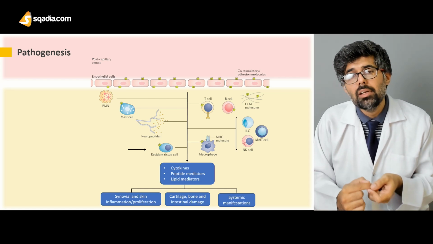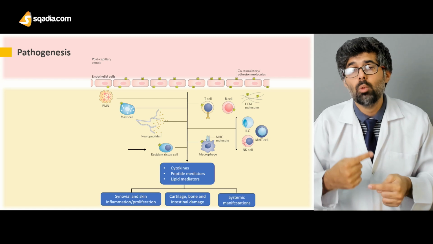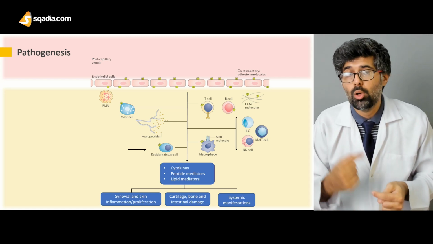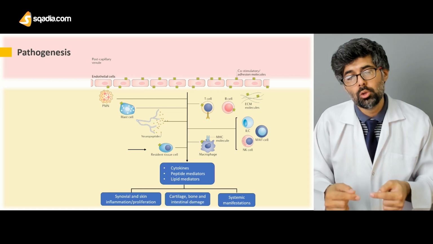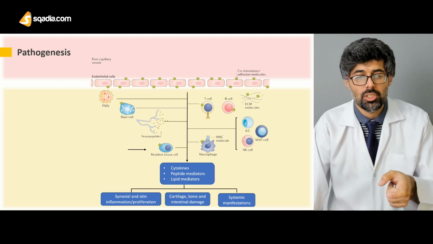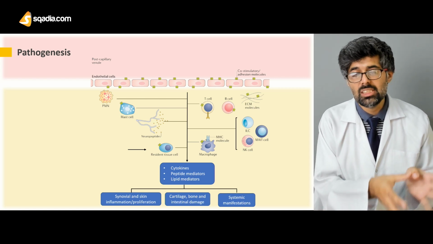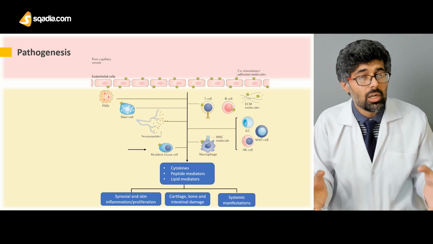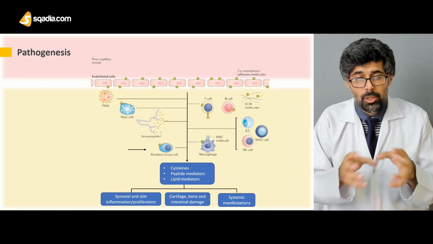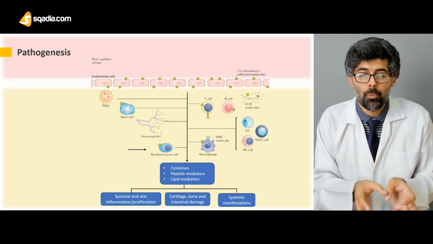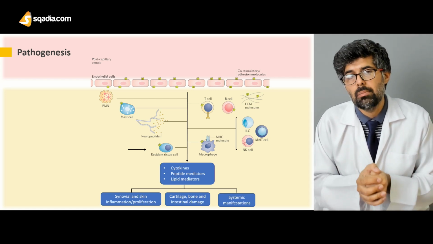That area will have an increased amount of inflammation because of increased proliferation of cytokines, chemokines, and all of these cells mentioned here. Because of this inflammation, there's edema and erythema at that area, and because of all these changes, there is cartilage, bone, and intestinal damage.